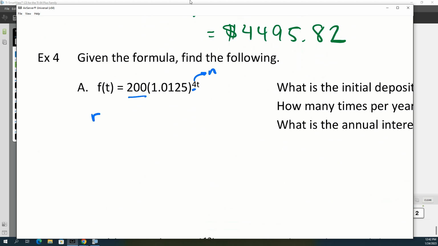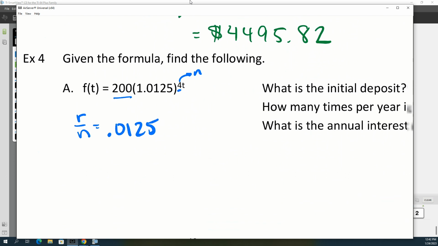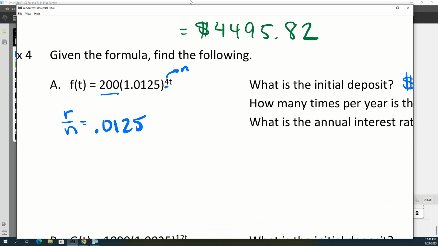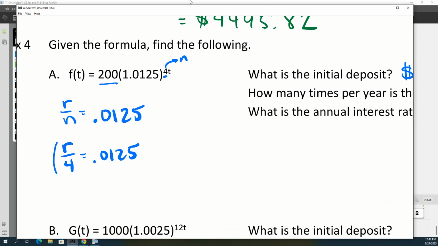So it's going to be R over N is equal to that decimal if we just take the 1 off the front. So I took off both of those 1s. All right, and then we just said that N was 4. Yes, and that's how you solve that for R, is just to multiply by 4.